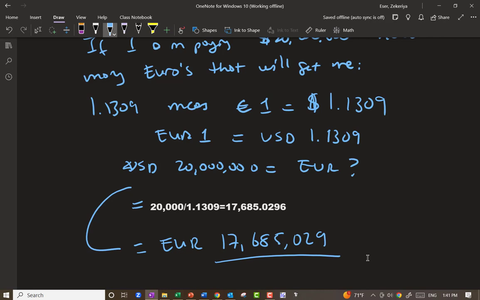Had I done this at the exchange rate right now, would I get more euros or less euros?